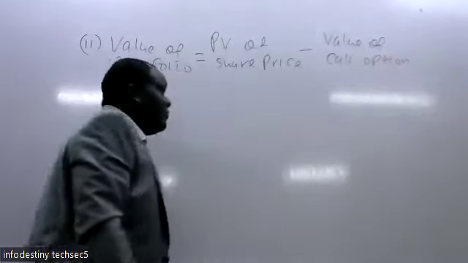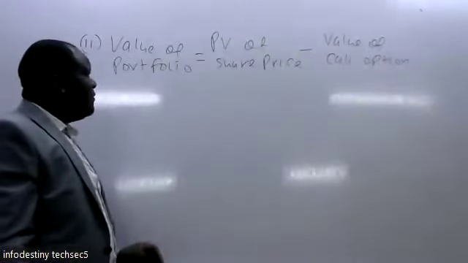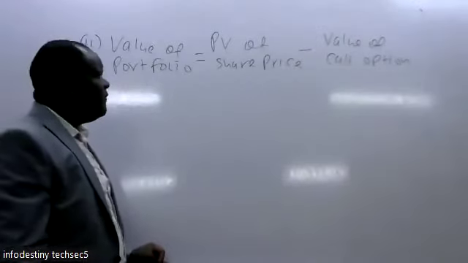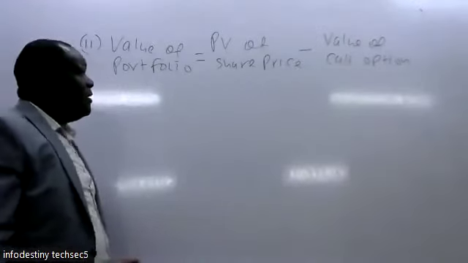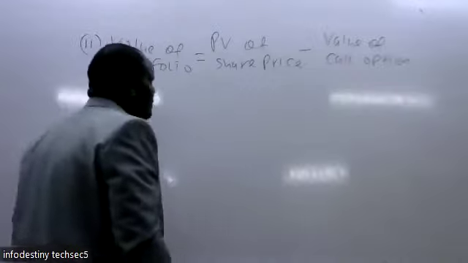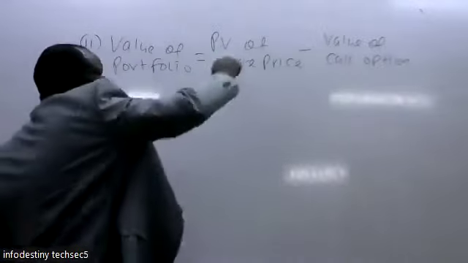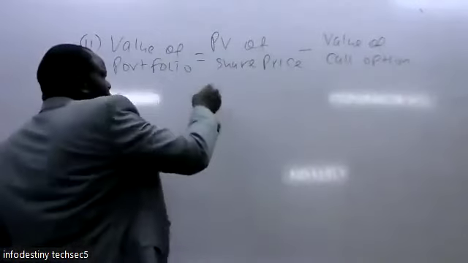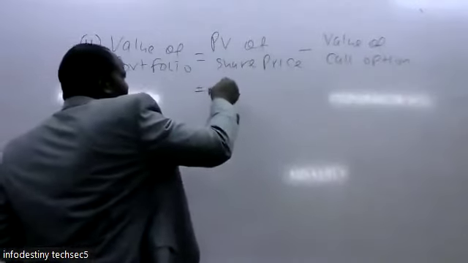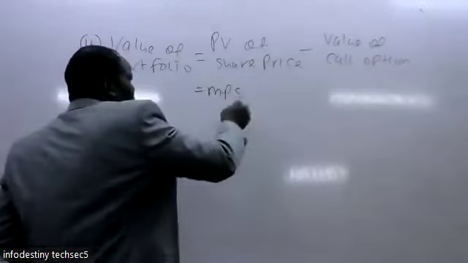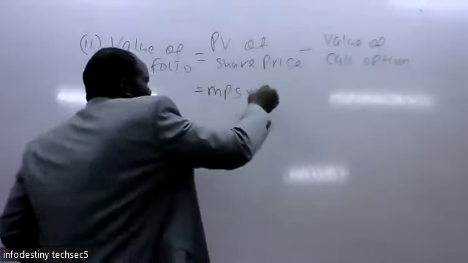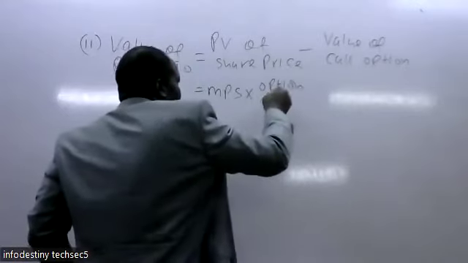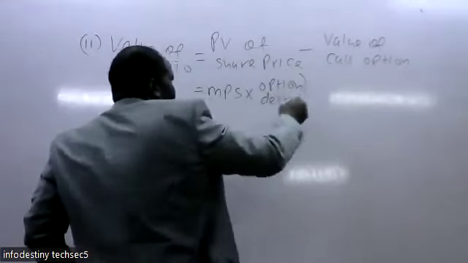So we need to compute value of the portfolio. You simply come up with the present value of the share price, you minus the value for the call option. For the present value of the share price, you simply take market price of the security multiplied by the option delta.